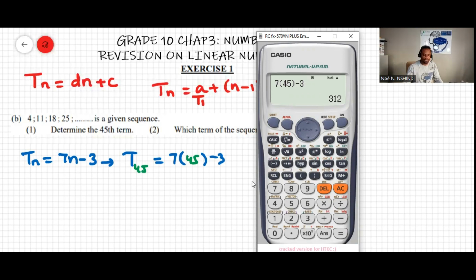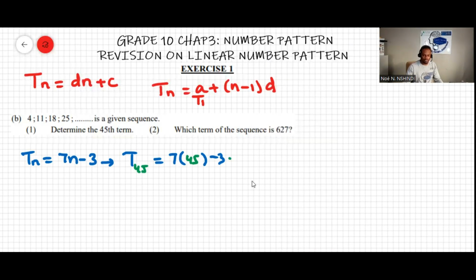This is 312. So T45 is equal to 312. Now the question is which term of the sequence is 627?